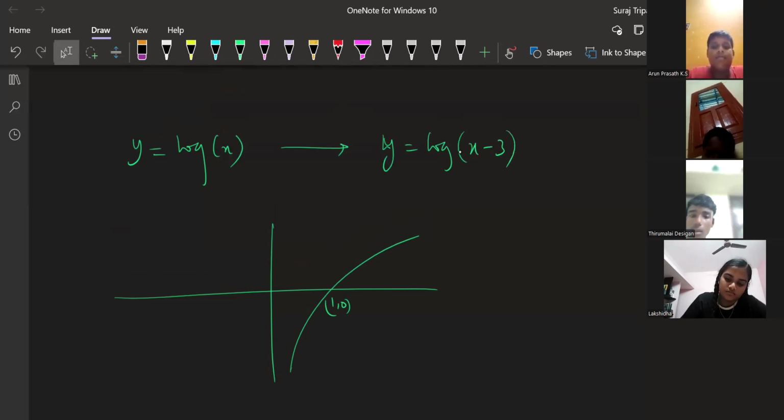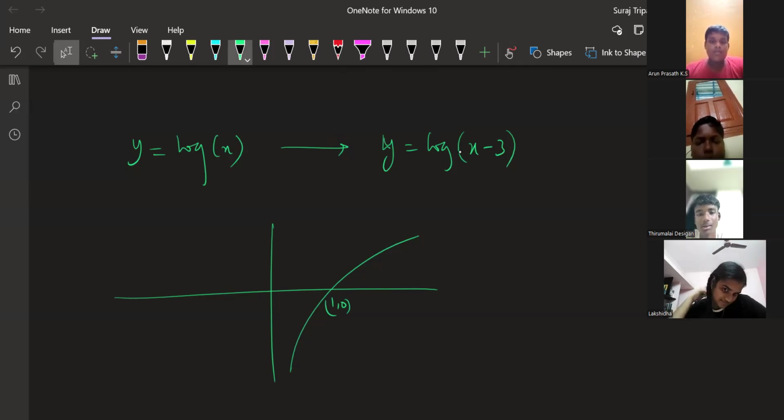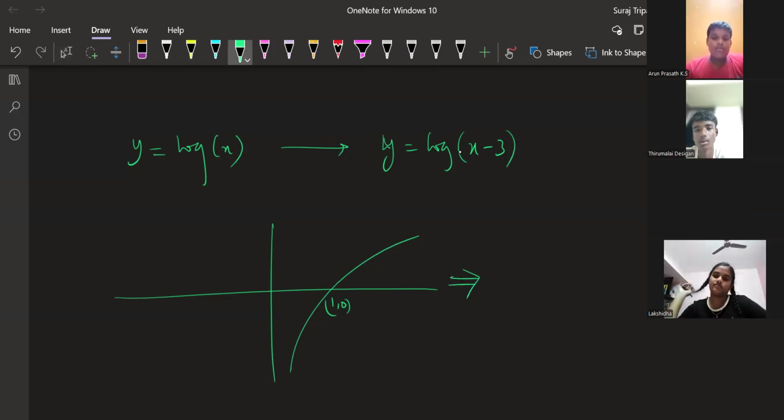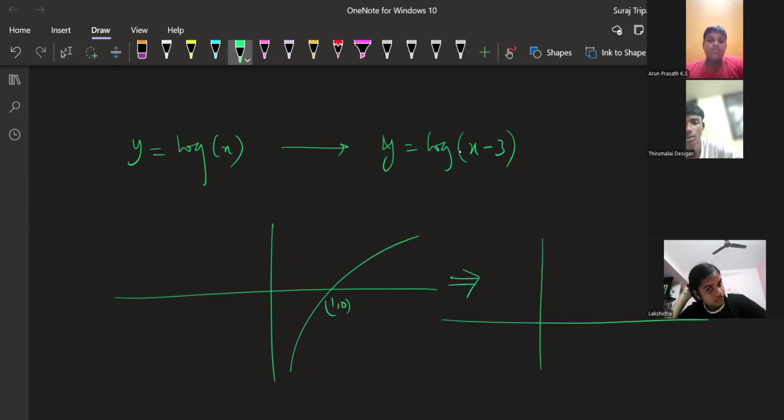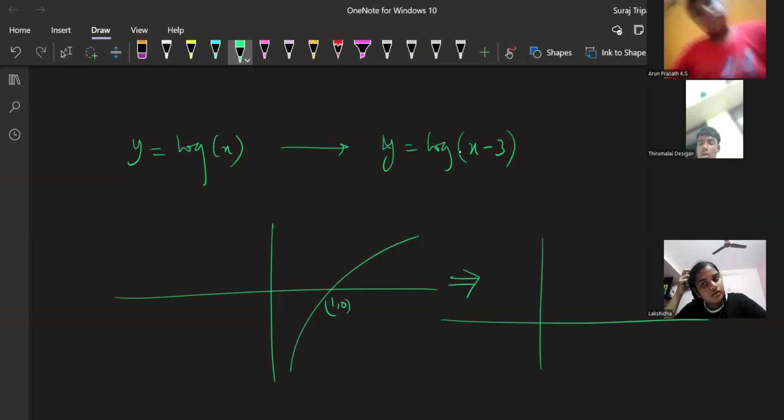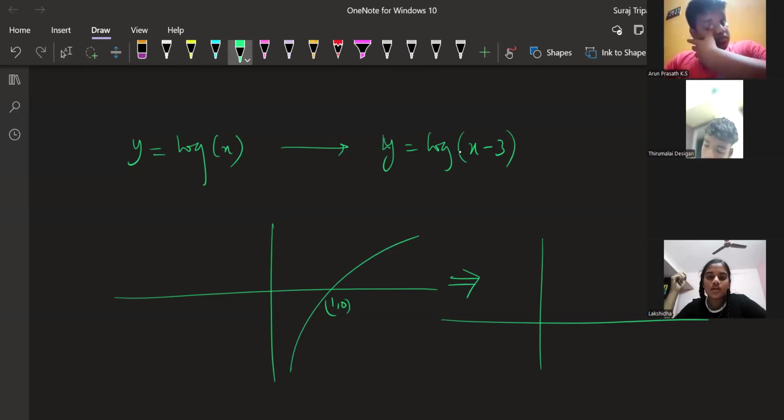Right? But now we have to shift the entire graph towards the right side by 3 units. Got it? So if we shift this entire graph towards the right by 3 units, then this point (1, 0) will become (4, 0). Right? So the graph will start at (4, 0).